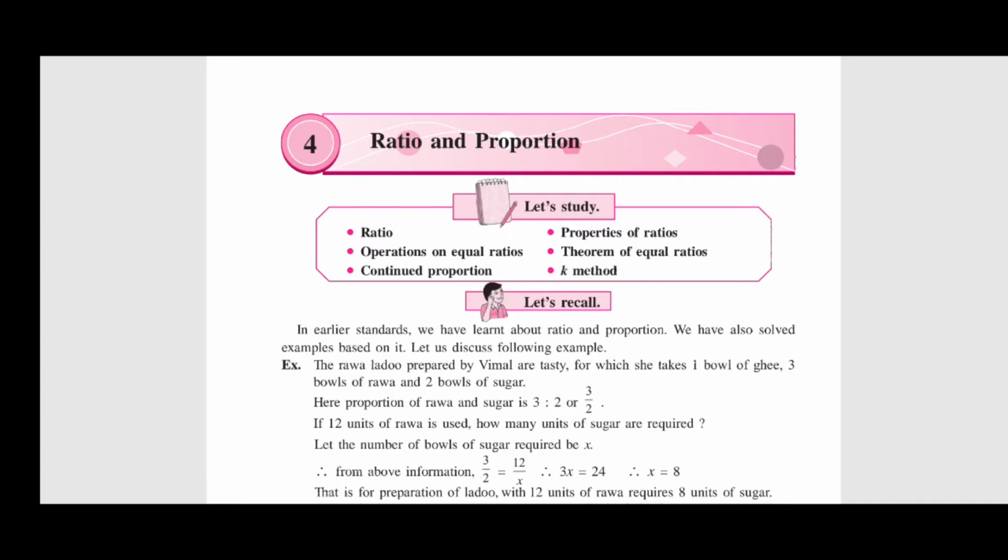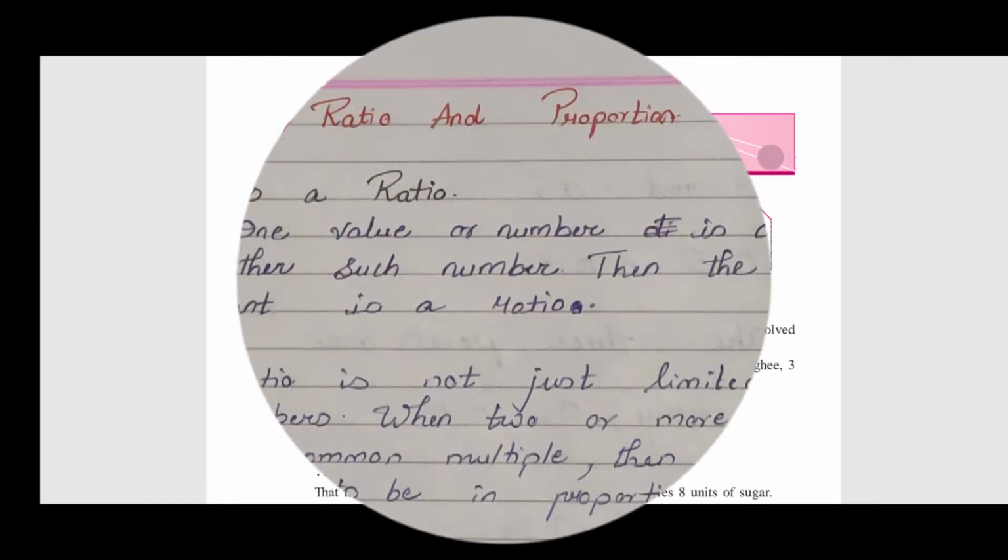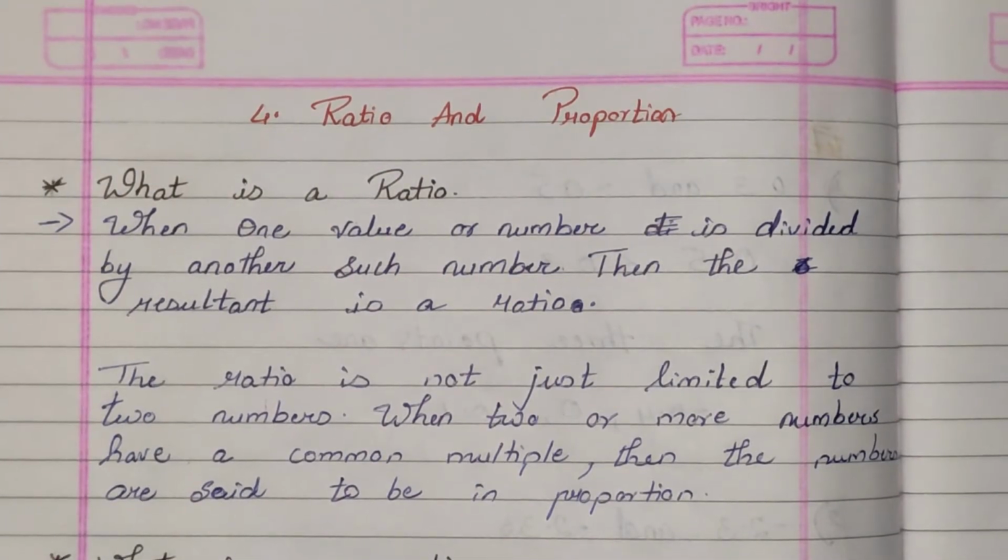So let us see what it actually means. As I said earlier, we will be doing some introduction for the chapter ratio and proportion. So let us see what a ratio is. First thing we will learn is what a ratio is. When one value or a number is divided by another value or a number of similar kind, then the resultant is a number.